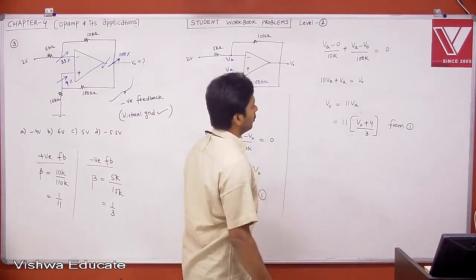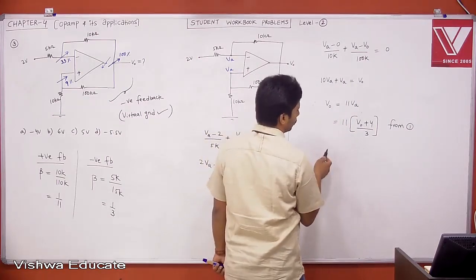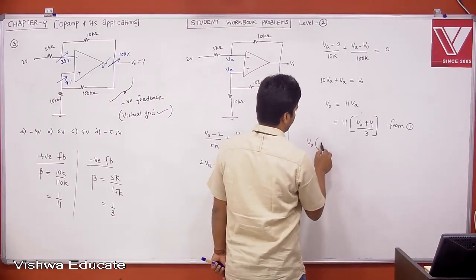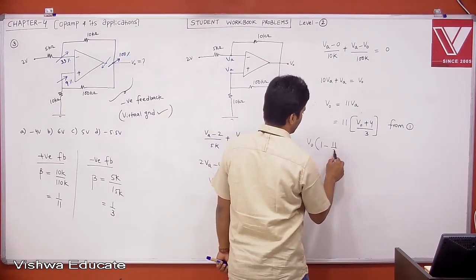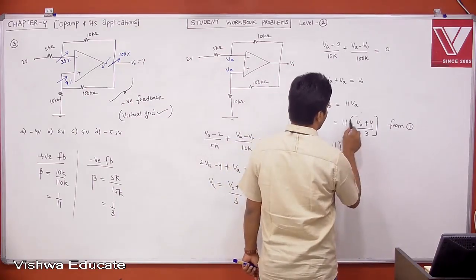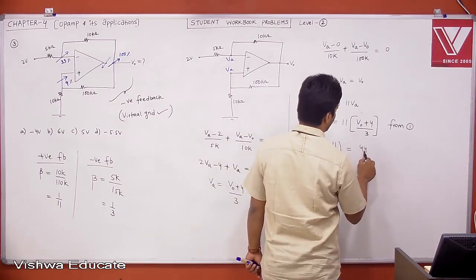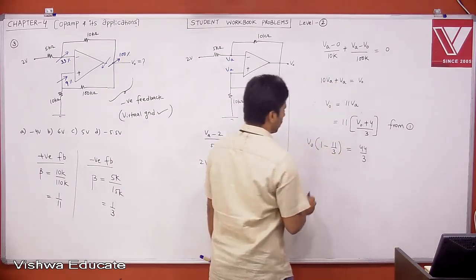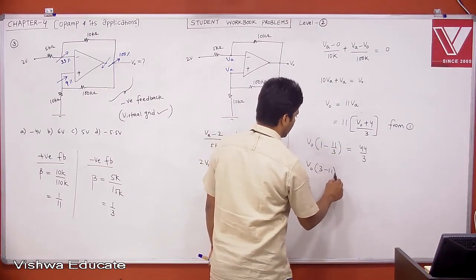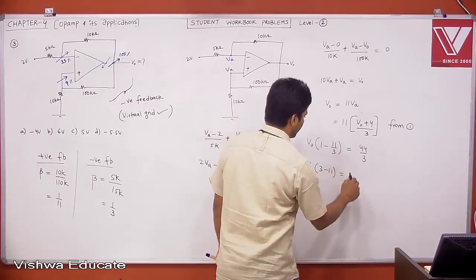Right? Then if you take V naught common, what you will get? 1 minus 11 by 3 is equal to 11 into 4, that is 44 by 3. Then if you take 3 common, you will get V naught times (3 minus 11) is equal to 44, the 3 will be cancelled.